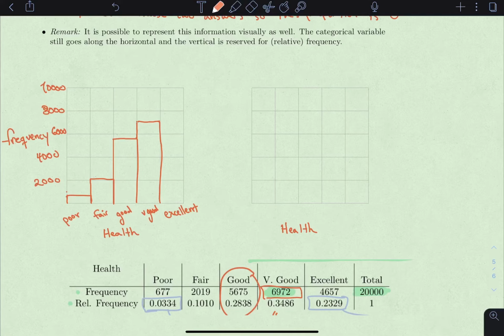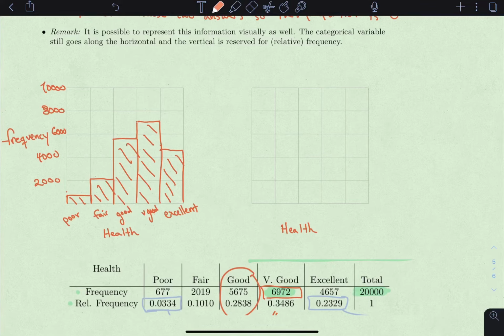And 4,657 will be about here. And so here's a histogram that gives you a good visual for how people respond to the question, how do you report your health?